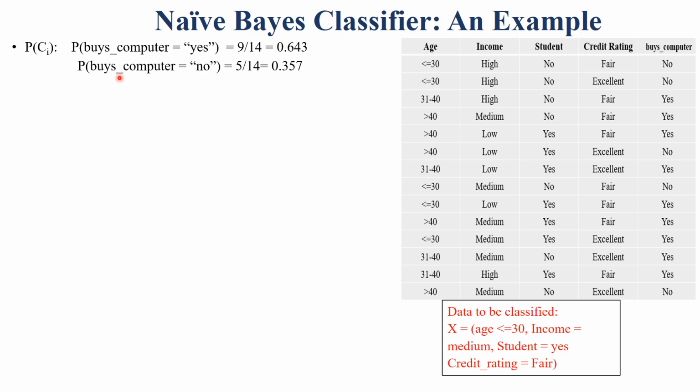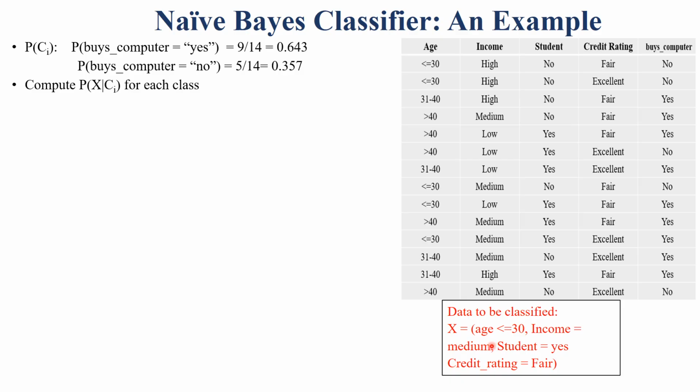Then the probability of buying computer equal to no. There are 5 rows, say 1, 2, 3, 4 and 5. So 5 divided by 14 is the probability of not buying a computer. So probability of the class is found. The next step is we need to compute the probability of x given Ci for each class, which means this is the data that we need to classify.